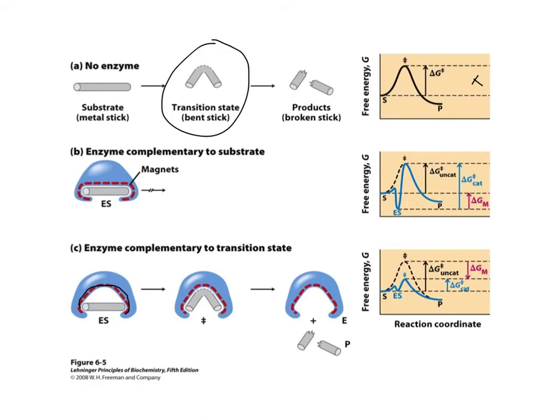And if the enzyme has this sort of V shape, we can see that this attraction is greatest in the transition state. So this conformation is stabilized, and we see that stabilization by the magnet as lowering the energy of that transition state by some amount here.